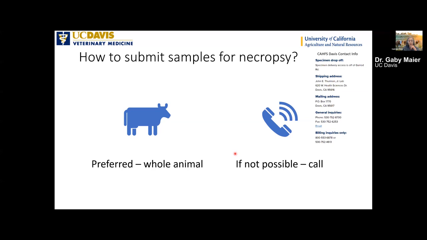The normal business hours are from 8 to 5, so it's best to call during those times. If you have an urgent case that occurs after hours, you can call and leave a message for the pathologist on call. Typically until 9 p.m. they can be reached, and they can take up to 2 hours.